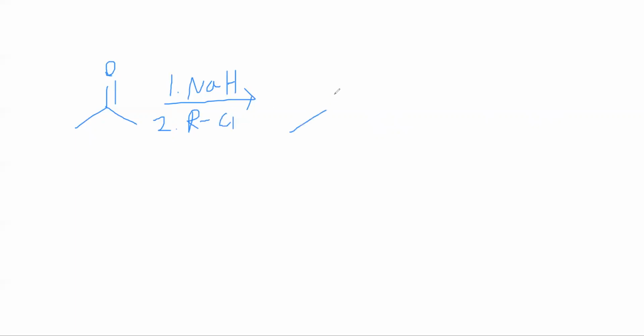The first step is going to form an enolate through the base catalyzed mechanism I showed before. Once you have an enolate, that's a nucleophile, an alkyl halide is an electrophile. So this is going to do an SN2 step. And that's just going to add a carbon chain alpha to the ketone.